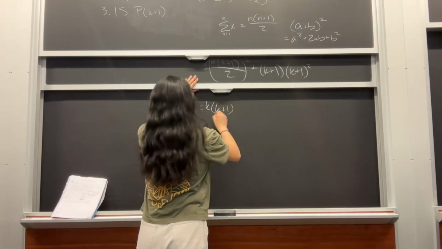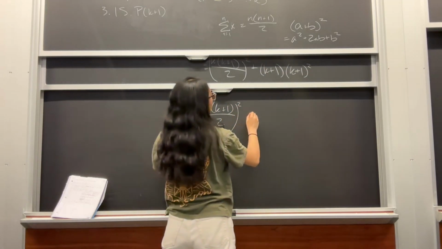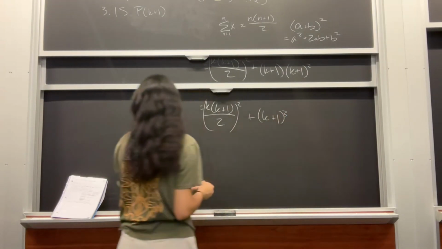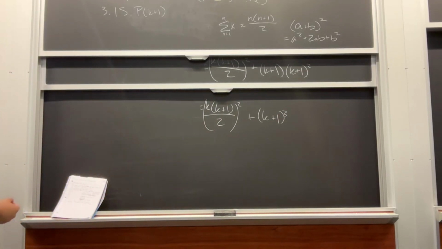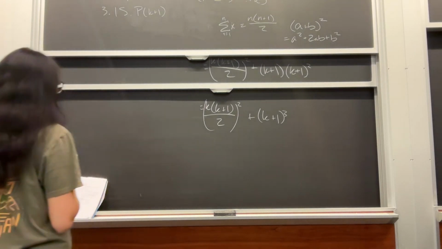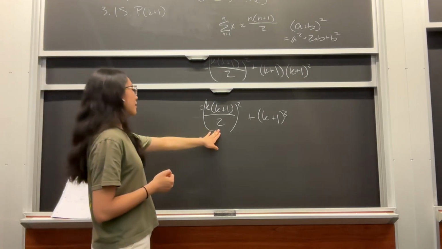K times k plus 1 all over 2. Again, that hasn't changed at all. Plus k plus 1 cubed.